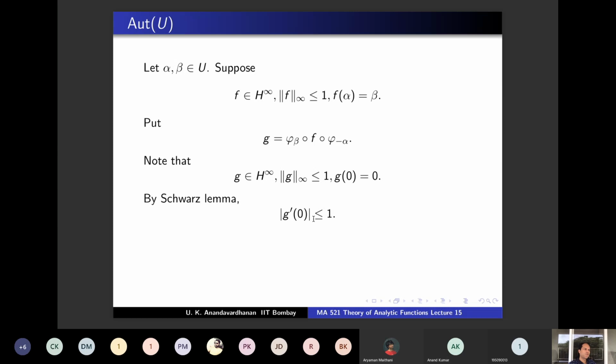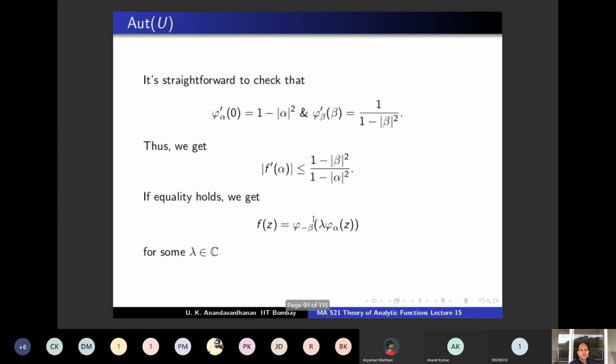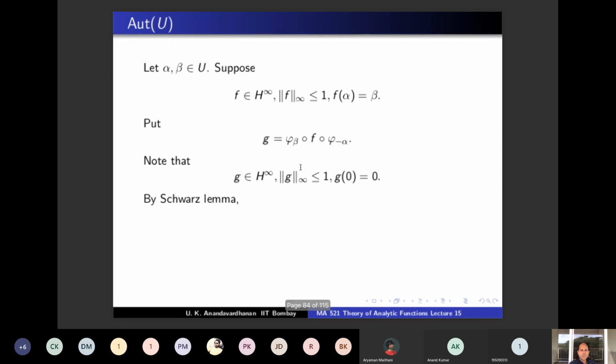We have shown that if equality holds, then g(z) is a constant multiple of the identity function. So using that, here if equality holds, you get this bound, and you can conclude that this function is a multiple of the identity function.